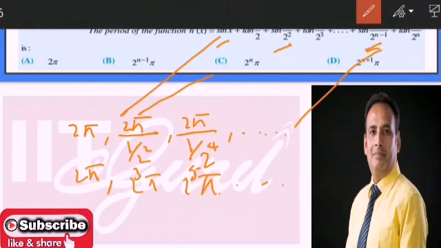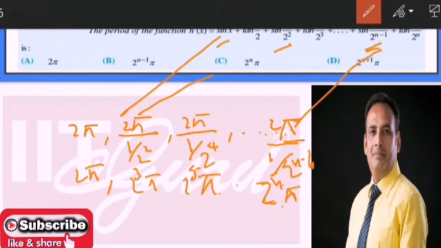The period will be 2 pi upon 1 upon 2 to the power n minus 1, so 2 to the power n minus 1 plus 1, that is 2 to the power n pi, okay, fine.